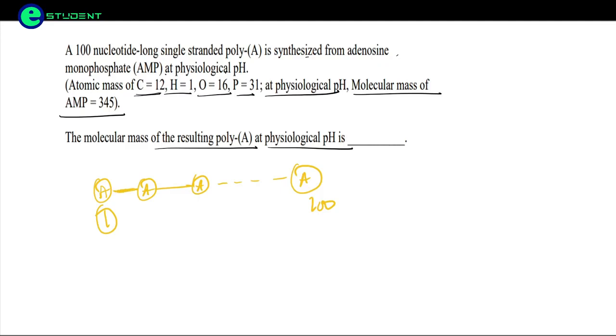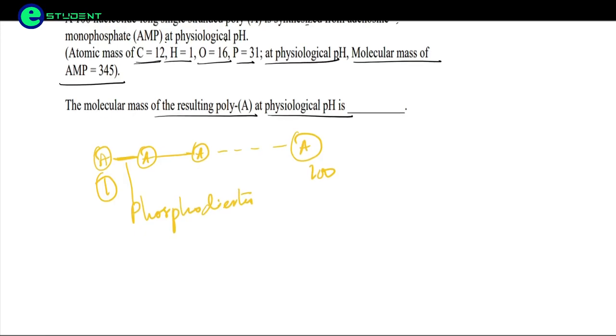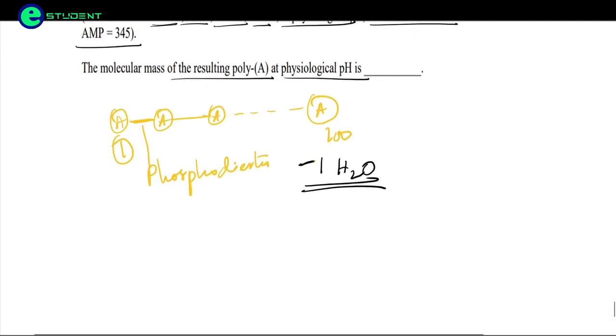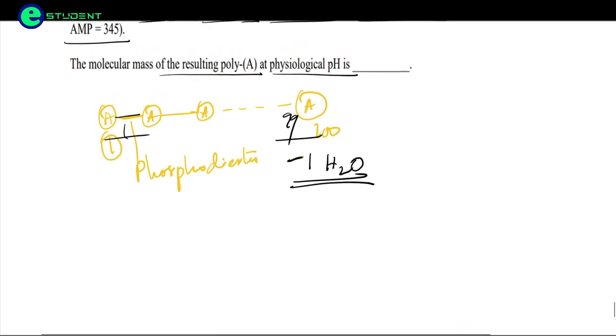So they will be forming a phosphodiester bond. In every phosphodiester bond formation, there is a release of one H2O. So here we see that there will be 99 phosphodiester bonds forming here.